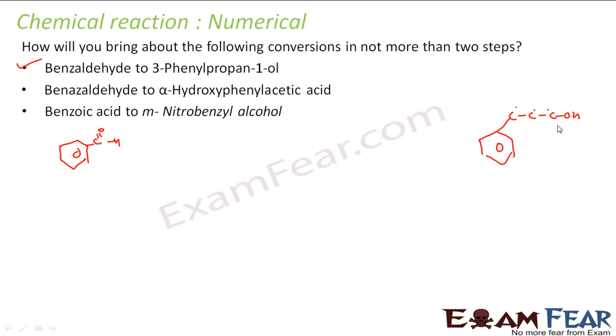See, this has 1 carbon, and this has 2 extra carbons. The first thing I have to do is add 2 extra carbons. I can do this using aldol condensation. I can use CH3CHO and do aldol condensation, with heat also. With this, the product which I'll be getting is CH=CH-CHO. Now I have a double bond here, right? I want to make it all single bond. I can just use hydrogen in the presence of nickel catalyst. I can do hydrogenation, and I'll get this product.